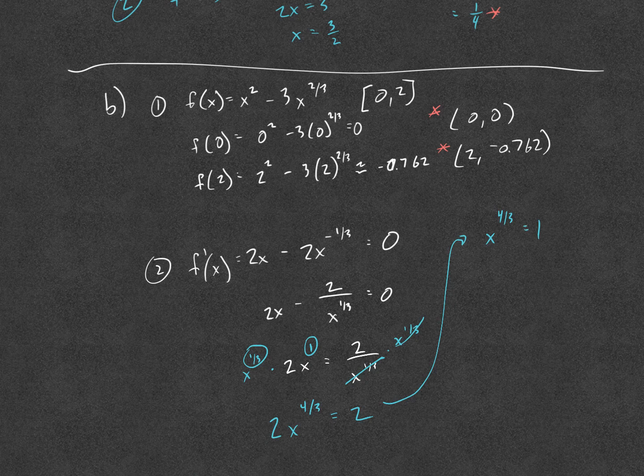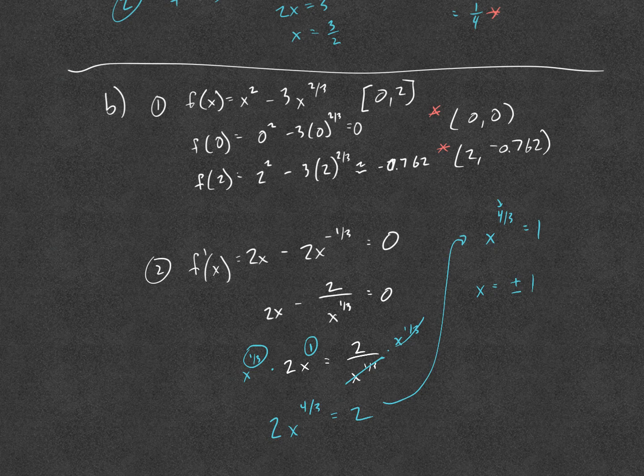And that may seem simple enough. If you cancel out the exponent, the 1 isn't going to change. But actually, x can be positive or negative 1. Positive or negative 1. Okay, because negative 1 to the 4th power, the 4 is up in the numerator, negative 1 to the 4th power is also positive 1.